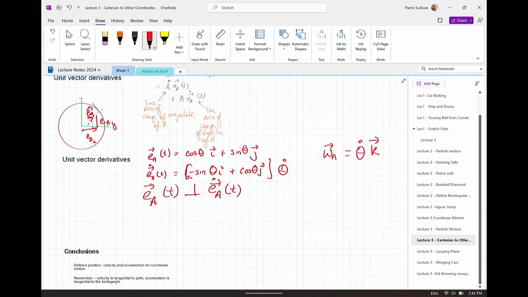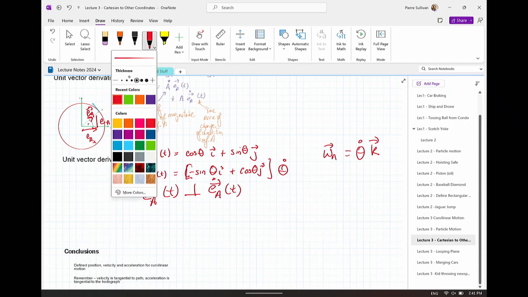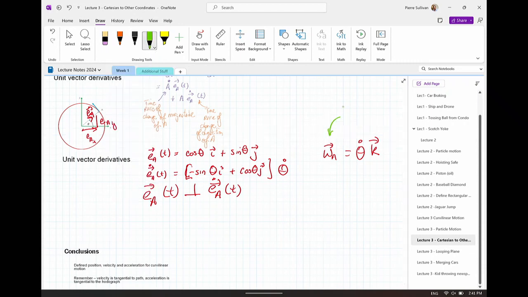What happens here is I can start to also describe sort of angular velocity. This won't be as important right now. It will be much more important later on. And that angular velocity is that term theta dot, or it could also be referred to as omega A. So that's not a W, but a Greek letter omega.